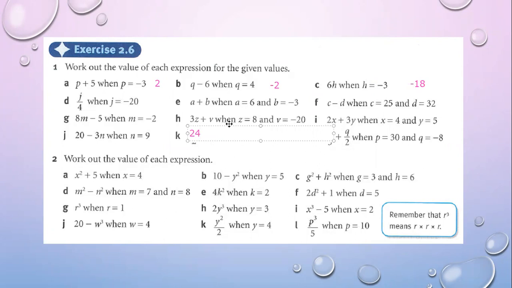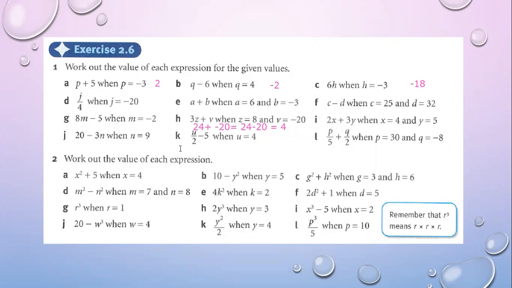Next is plus, and v is minus 20, so 24 minus 20 is equal to 4. I hope you understood this question. Now all the rest are easy, the same as this.